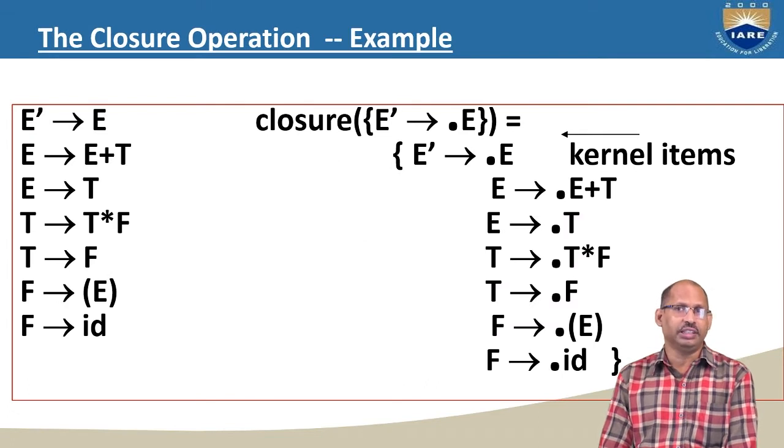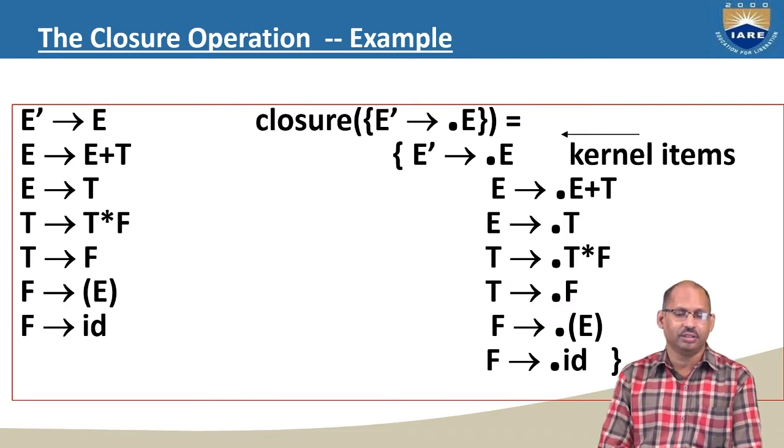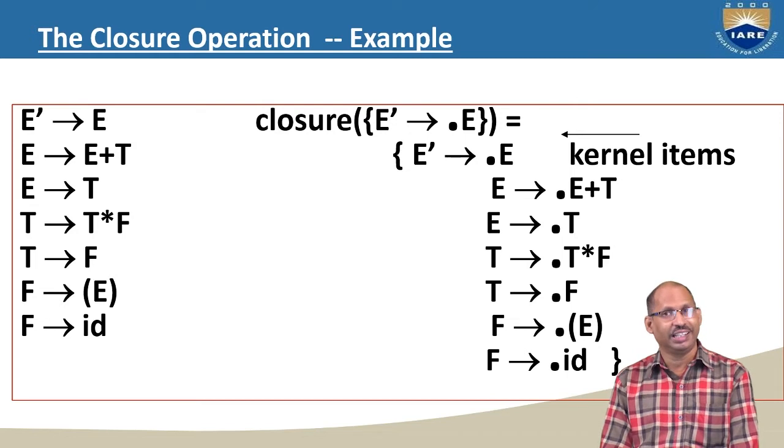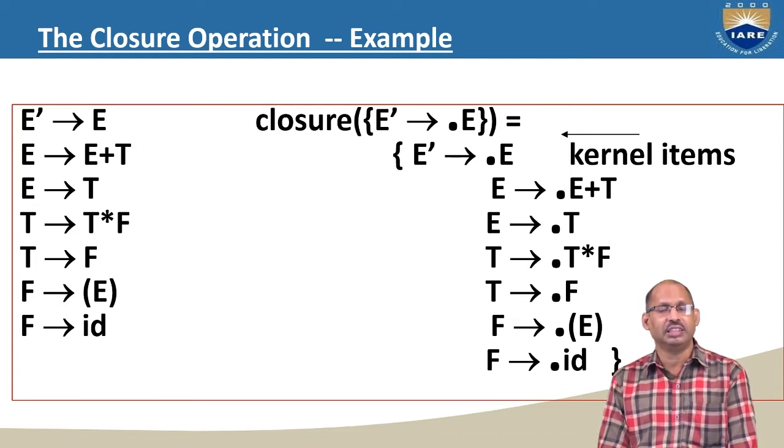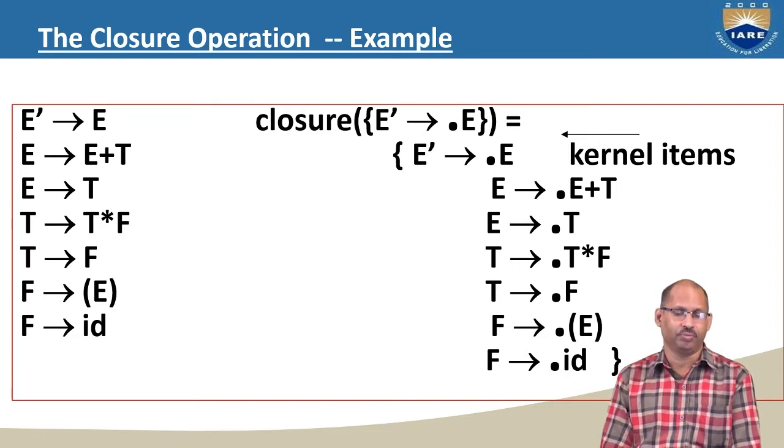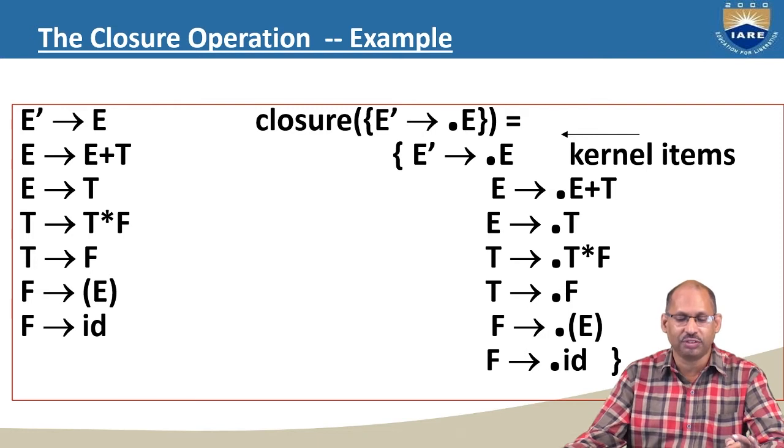E' gives E is added. Then E gives E plus T, E gives T, T gives T into F. These are the different productions of the grammar.